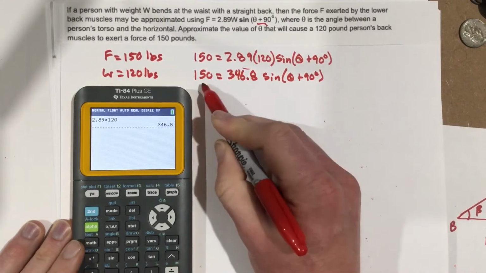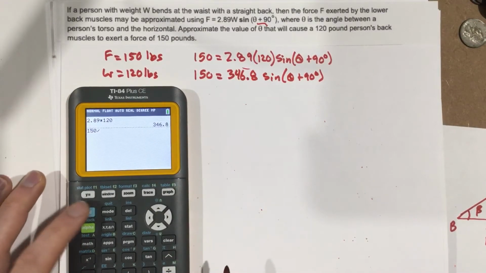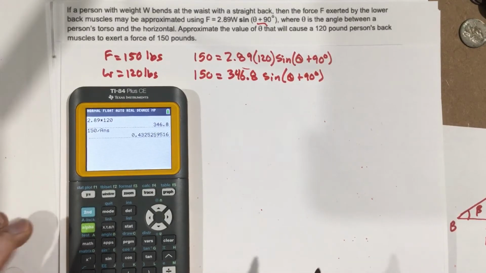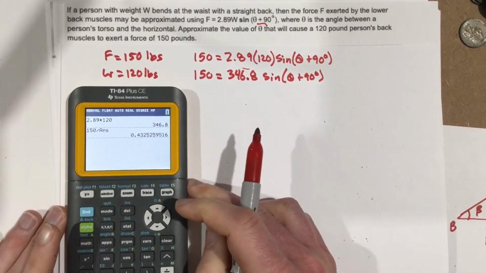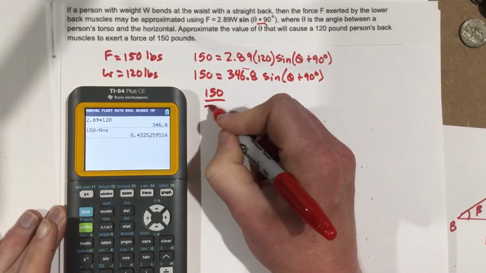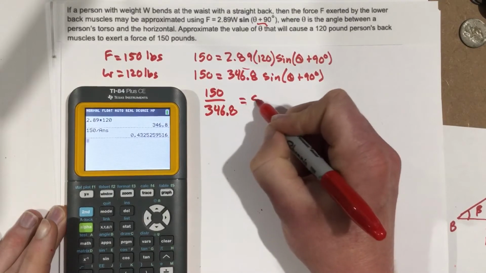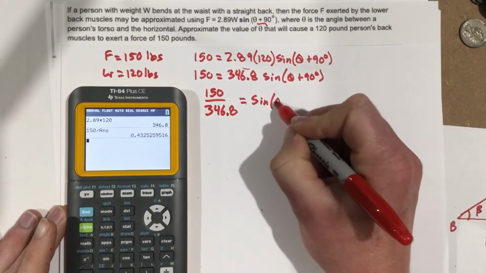Now I'm going to divide this over, so I'm going to say 150 divided by 346.8. Gives me a decimal, so I'm not going to write the decimal here. I'm going to write the fraction version of this because it's more accurate for the problem. But in the calculator, I'll just leave that decimal version right there.